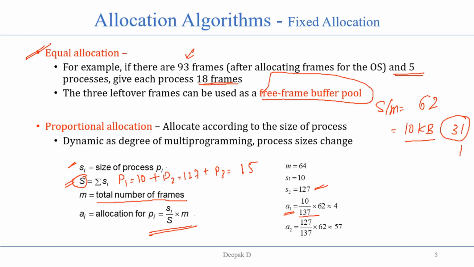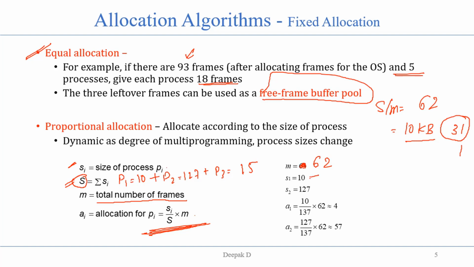Let us consider a simple example here. The size of M is 62, that is the total number of available frames, denoted as M. We need to allocate Ai frames to the process Pi. So how do you approximate that value Ai using this formula?